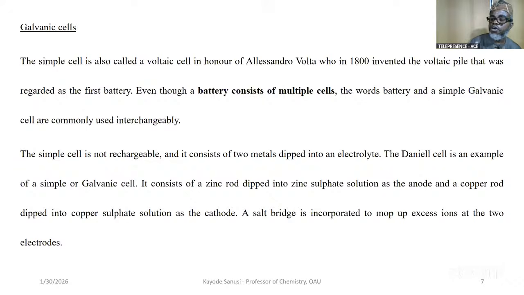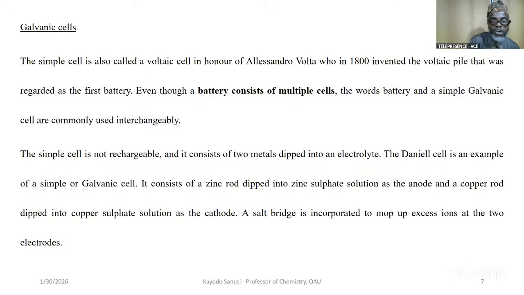Each of these voltaic piles represents a cell. Ordinarily, when we have all these small tiger batteries, we always refer to them as batteries. They are actually not batteries, because a battery is a combination of multiple cells.